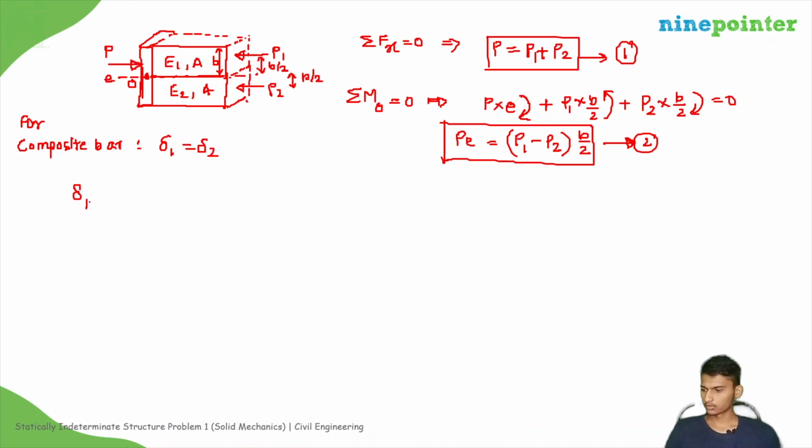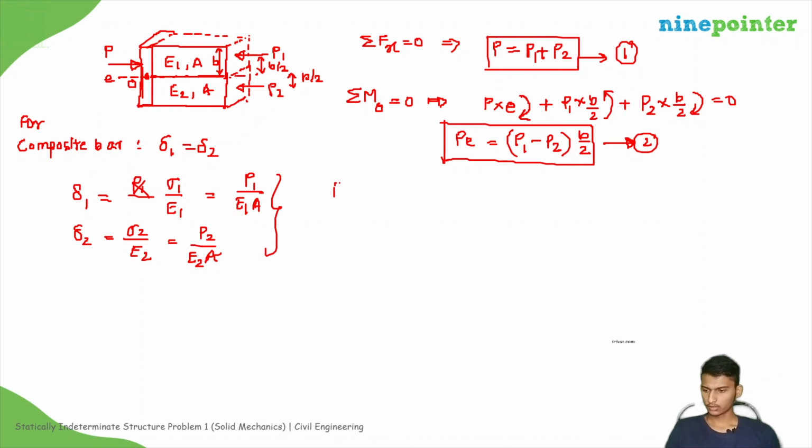So what is del 1? Del 1 is equal to sigma 1 by E1. So that will be equal to P1 divided by E1 A. So del 2 will be equal to sigma 2 by E2. Sigma 2 will be P2 divided by E2 A. So from these two we get that P1 by E1 is equal to P2 by E2.